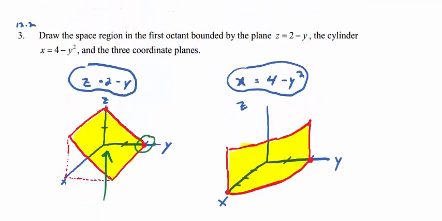And then the roof is given by this plane up here. Think of that as the roof of this object. The points on the roof lie on this plane created by whatever the equation was, z equals 2 minus y.